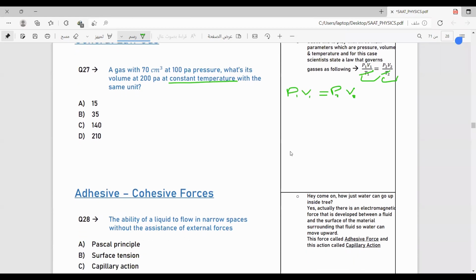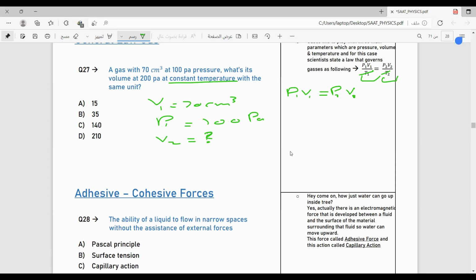Then we have here V1, it is 70 centimeter cubed, and we have P1, which is pressure, 100 Pascal, and we have V2. It is unknown, it is a question mark here.